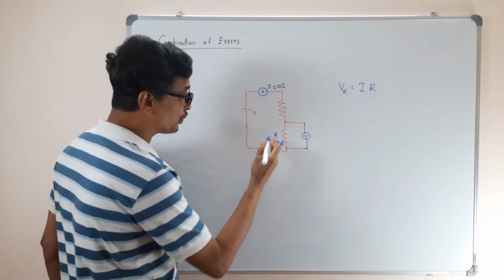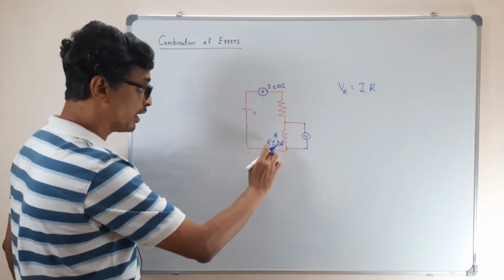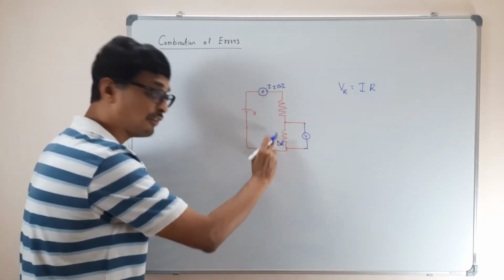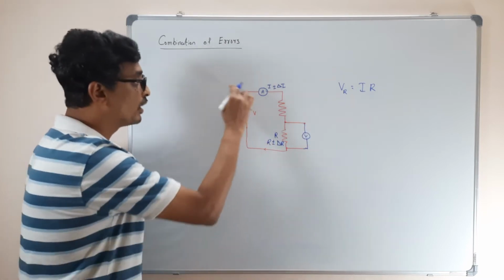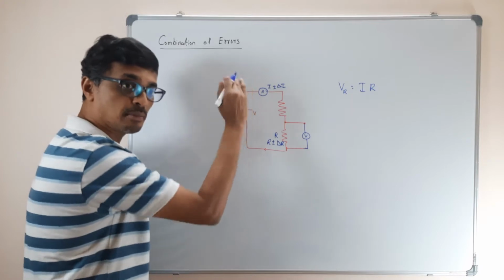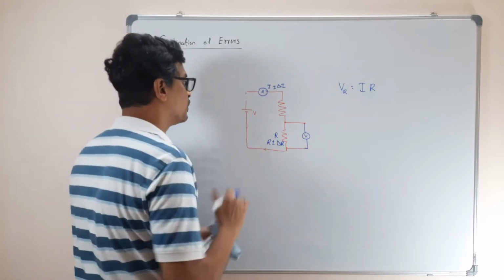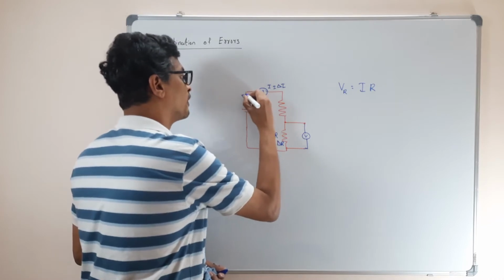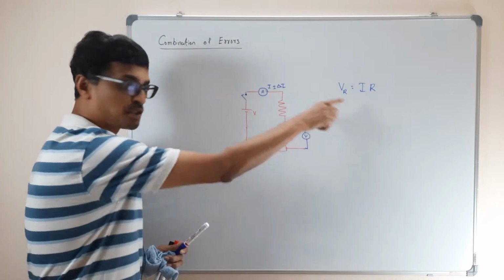Now the question is, because my current has an error and my resistor also has an error, suppose I keep a switch and do the same experiment some 100 times. I am going to add a switch and keep pressing the switch 100 times, and every time I am going to measure the voltage.